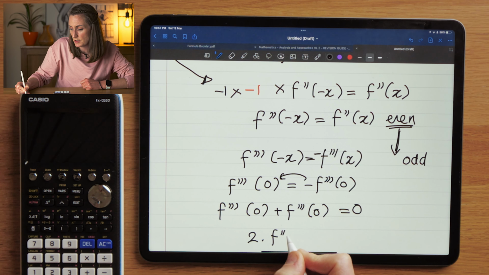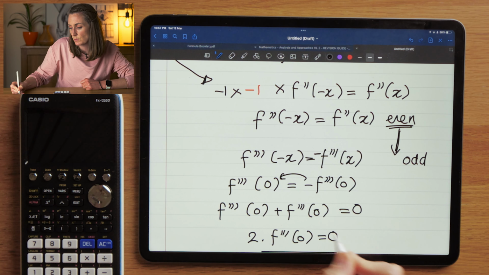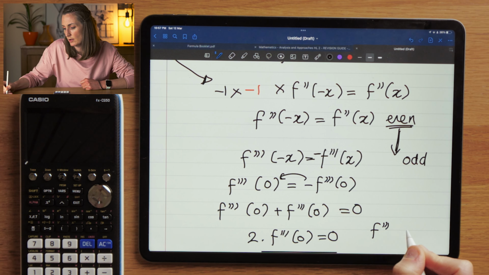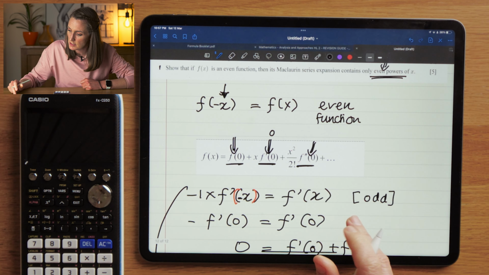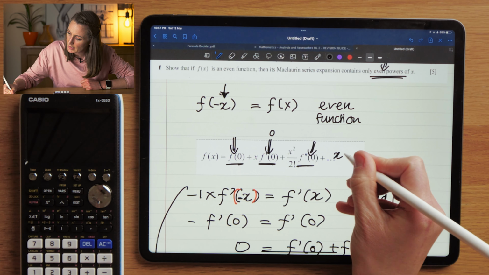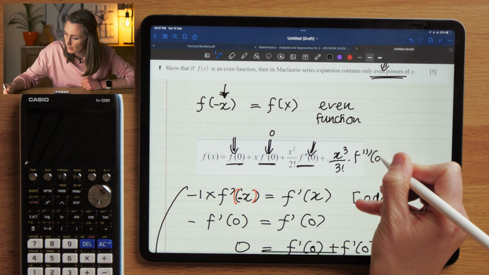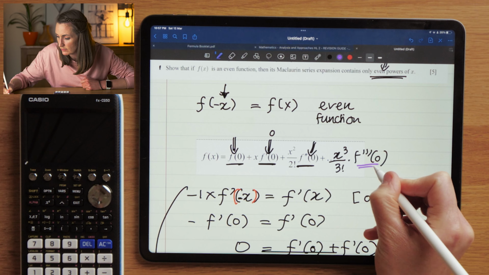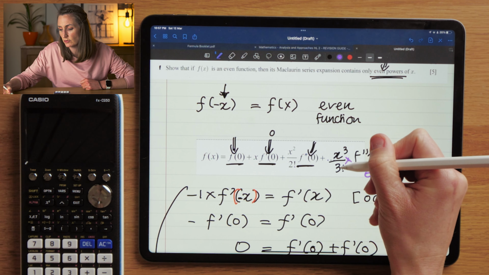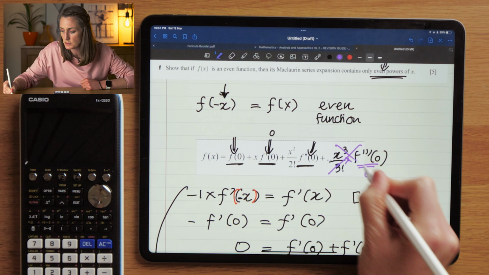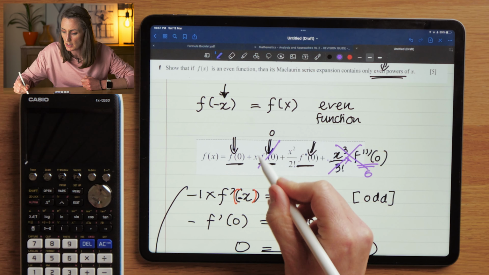So 2 times the third derivative is equal to 0. So I know that all of my odd derivatives are going to be equal to 0, and that means that when I plug it in here, for example, that is going to be equal to 0, and then I'm going to get x cubed over 3 factorial times 0. So that's just going to cancel out.